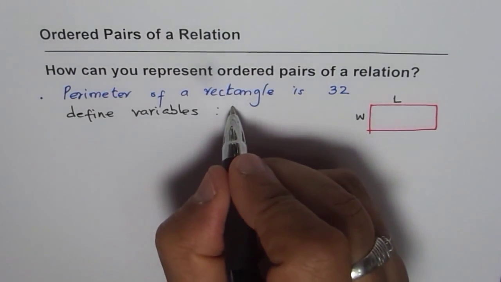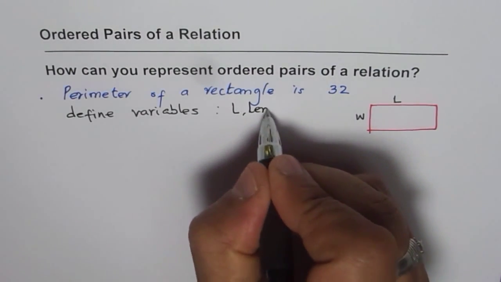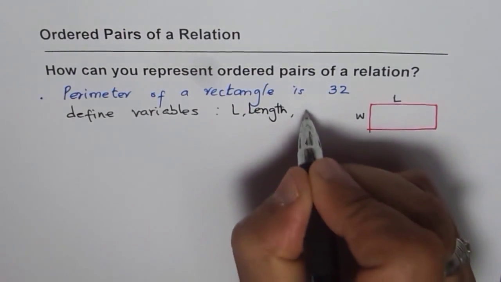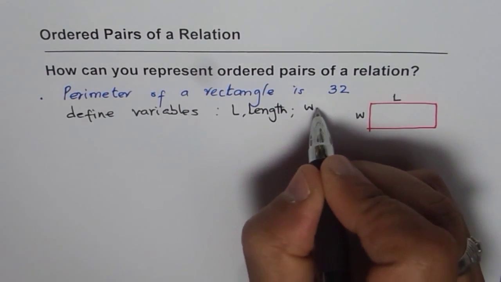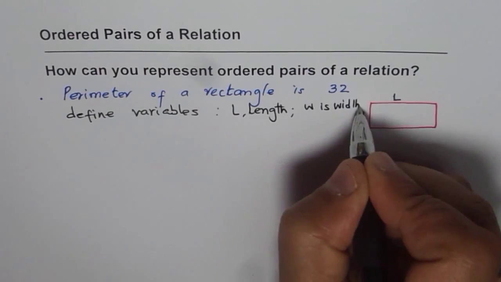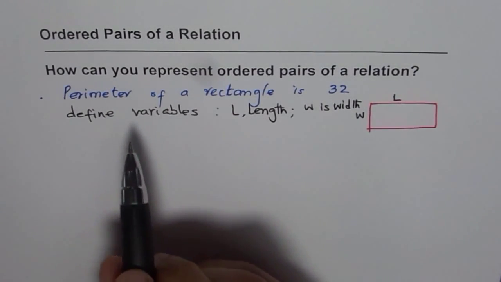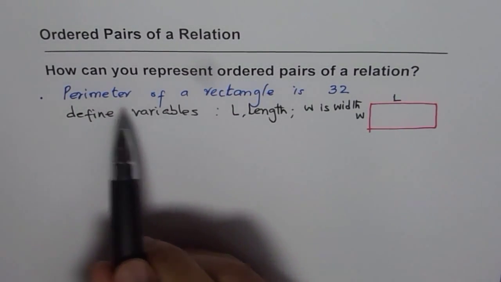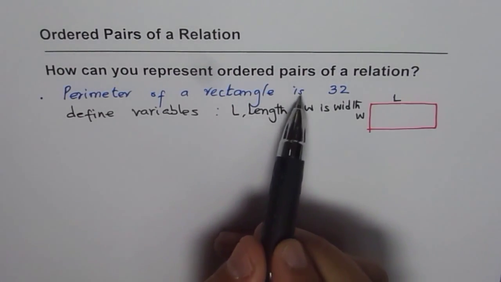In our case, we say L is length and W is width. Okay. Now, the relation is that the perimeter of a rectangle is 32.